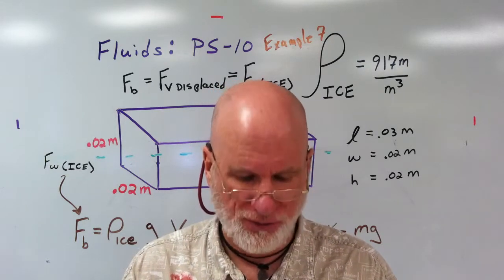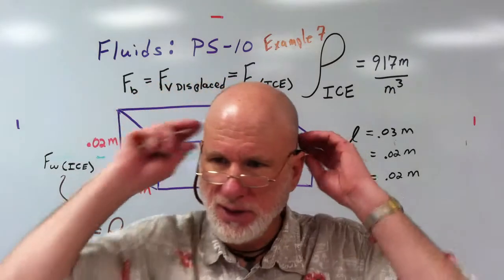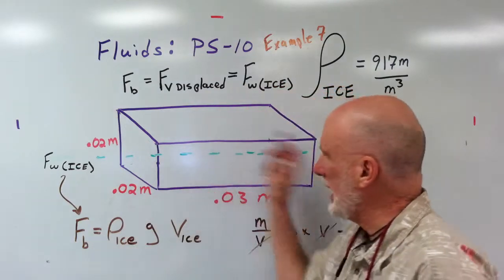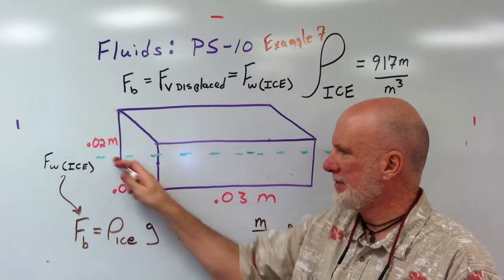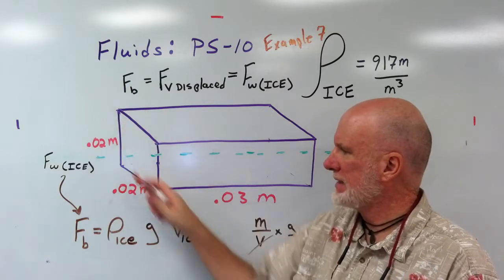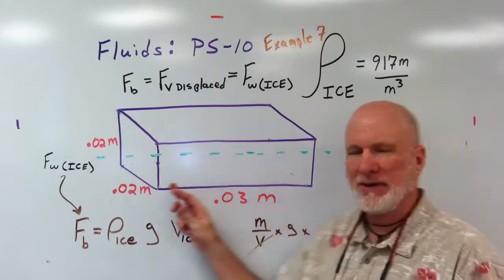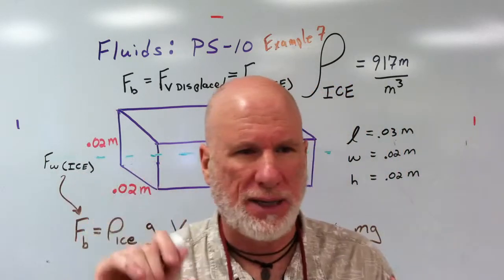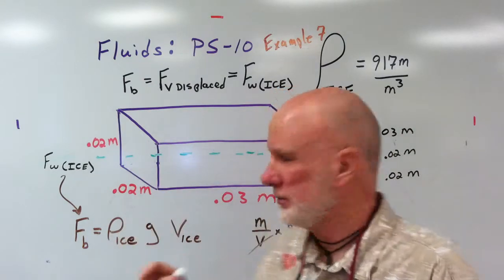What is the buoyant force acting on the ice? A little confusing. So this is the ice. This is 0.02, that dimension, 0.02, that dimension, 0.03, that dimension. I kind of exaggerated the length a little bit.